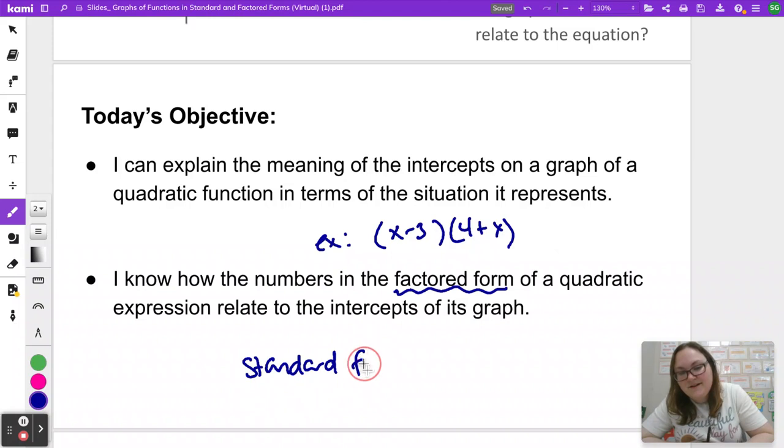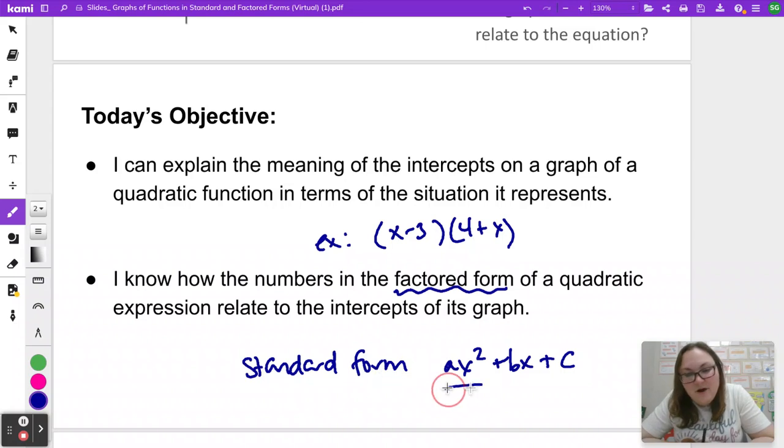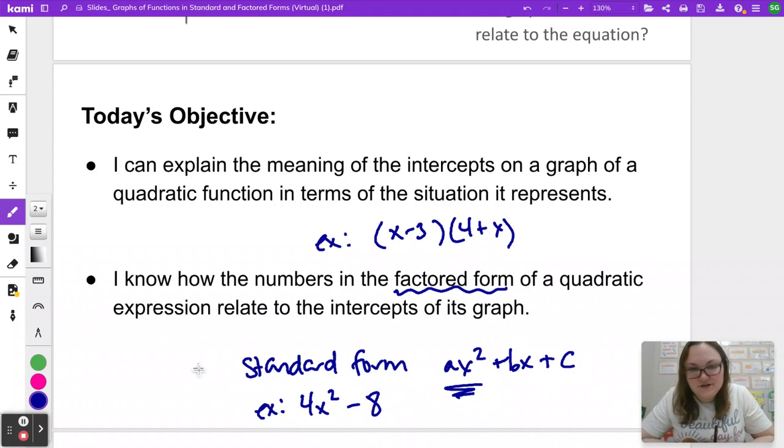Standard form is when your equation is written as ax² + bx + c. Standard form always has that quadratic term. There might be a bx, there might be a c, but standard form is what we were getting in that last lesson when we multiplied all of this out and simplified it. Standard form looks something like this. So for example, maybe 4x² - 8 would be standard form.